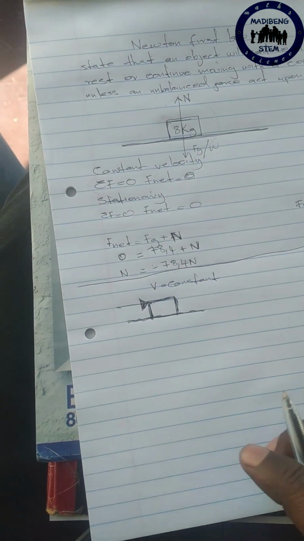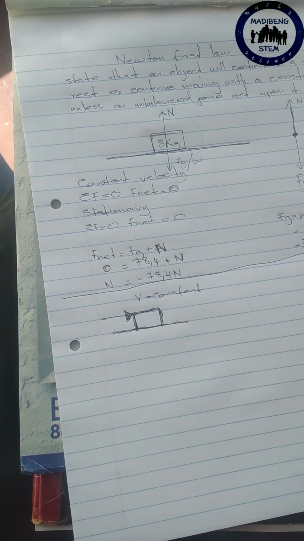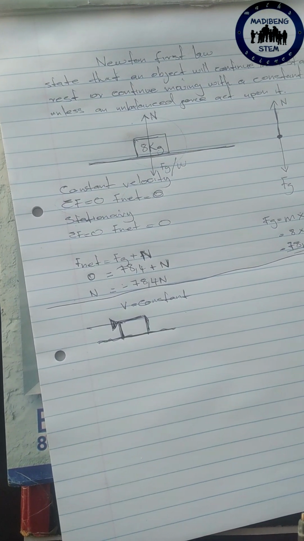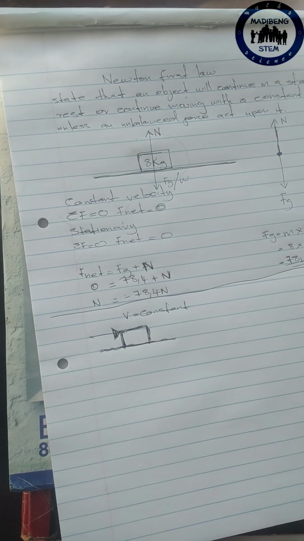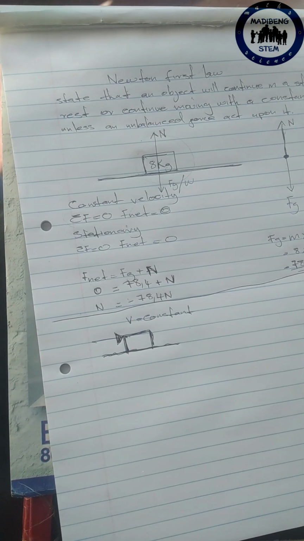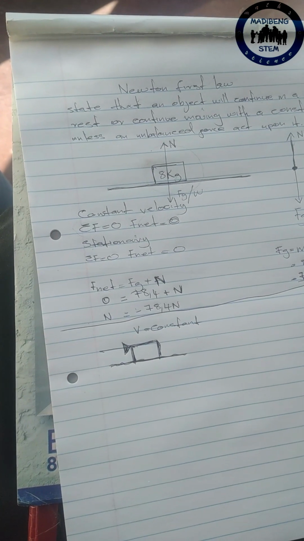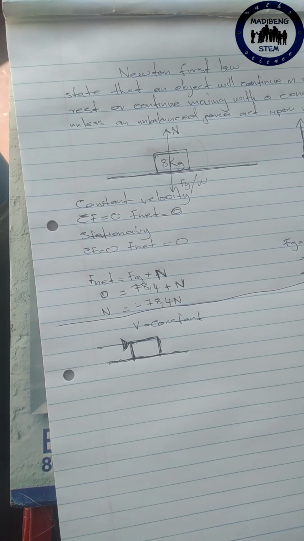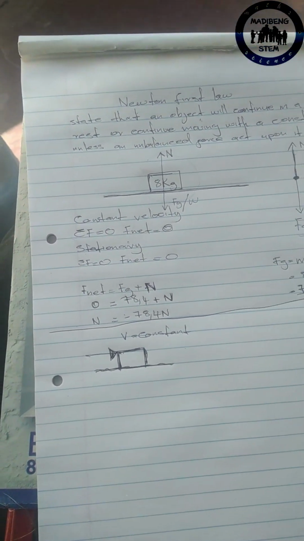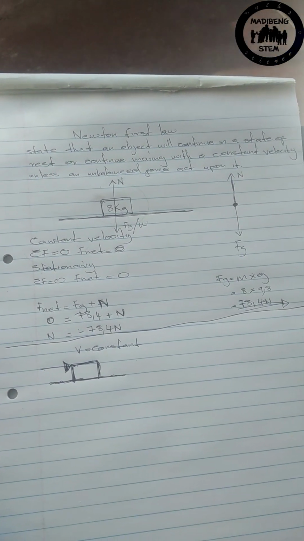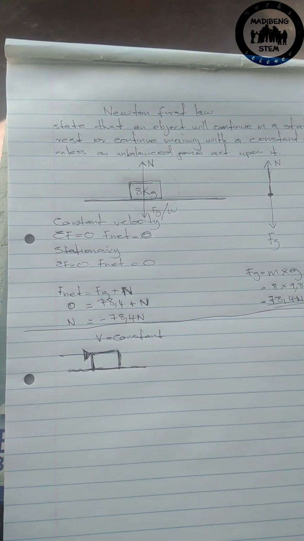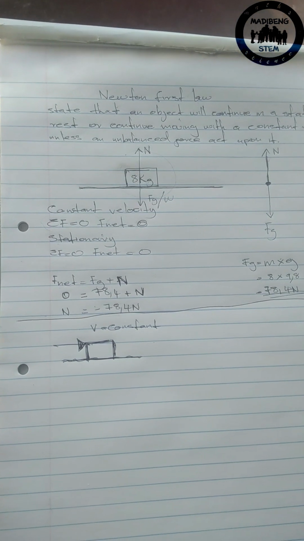So I will read the statement. Carol is pushing a box to the right at a constant velocity on a rough path as shown in the diagram. She applies a horizontal force, we don't know how much.